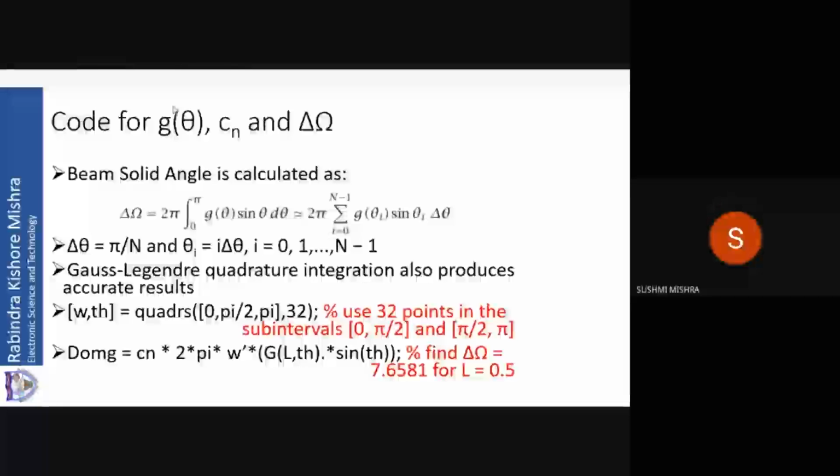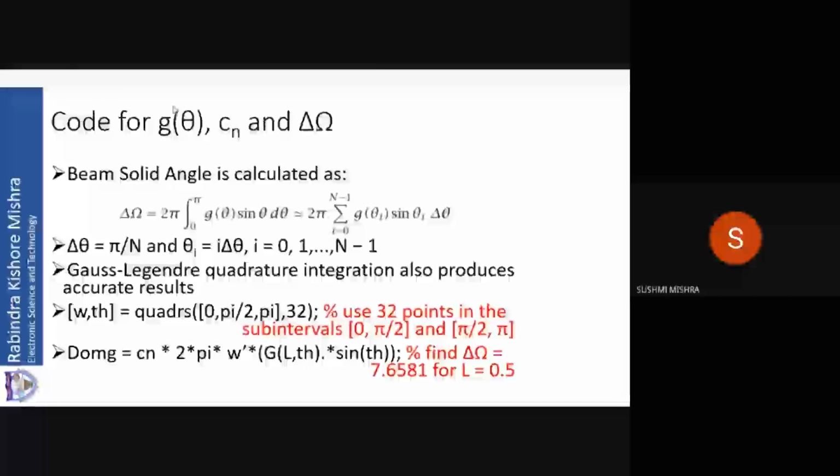GLTH gives you the expression or a function for the gain, not the normalized gain. Using this, you can find delta omega as 7.6581 when L is equal to lambda by 2 or 0.5. So this is the explanation of the code.